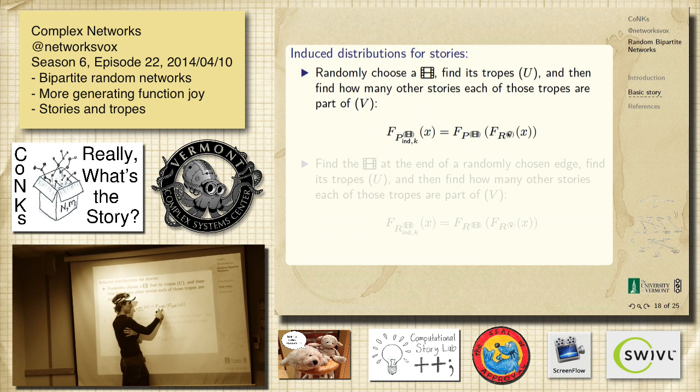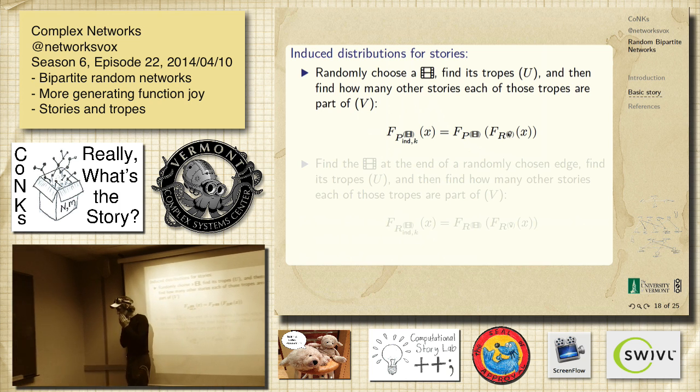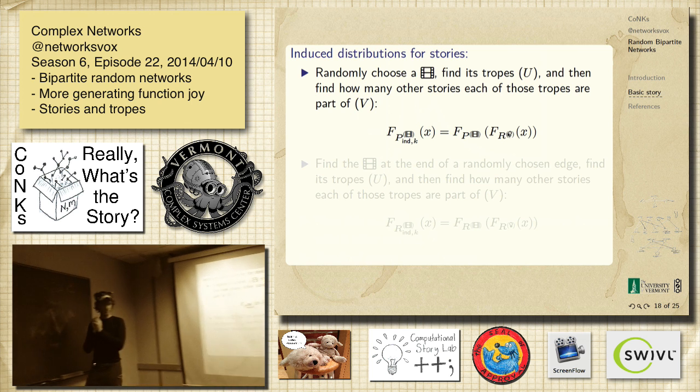This is the number of times you're going to sample the story. That's how many tropes are in a story, that P. So you sample from that distribution, you get so many tropes, and then for each one you sample that trope and you get the number of stories it points to.